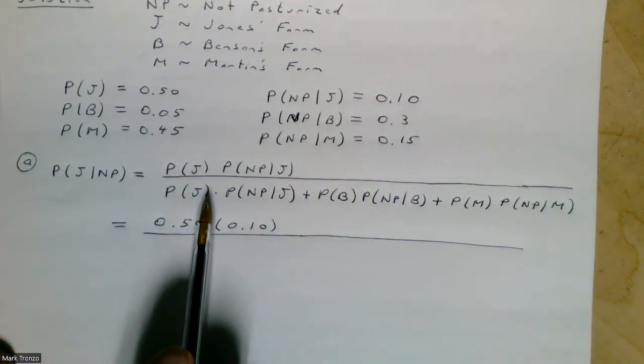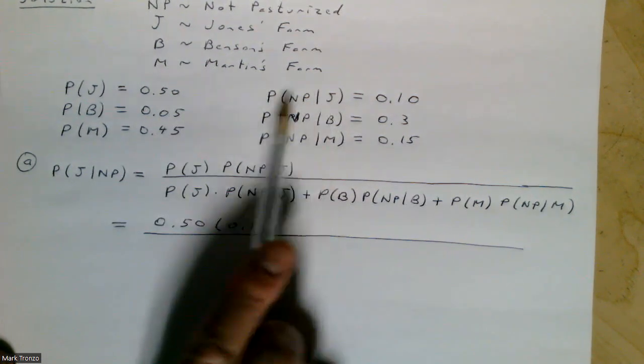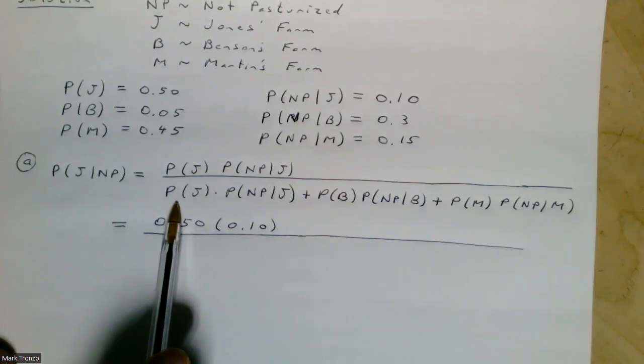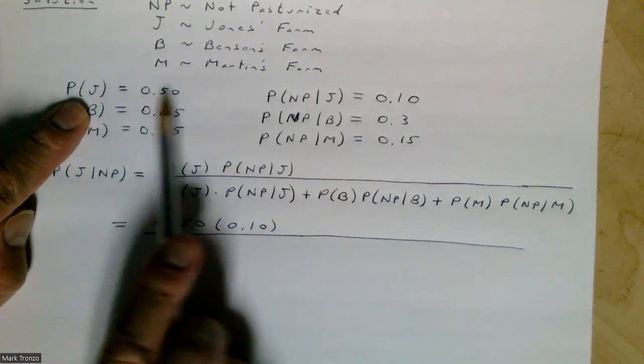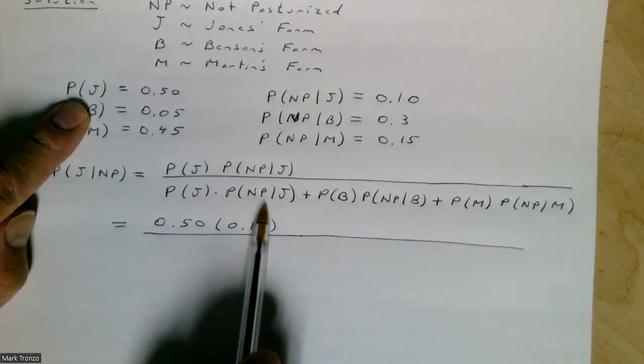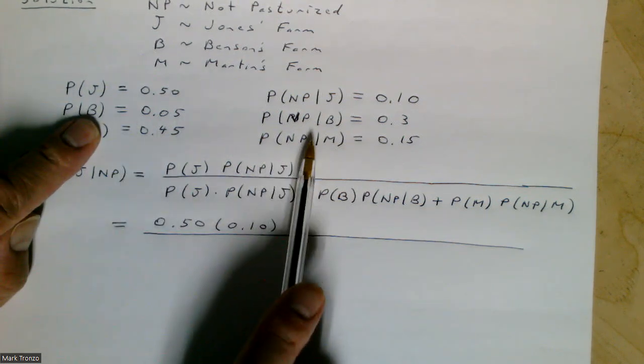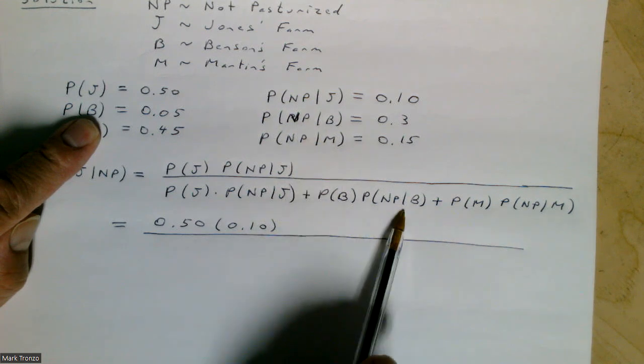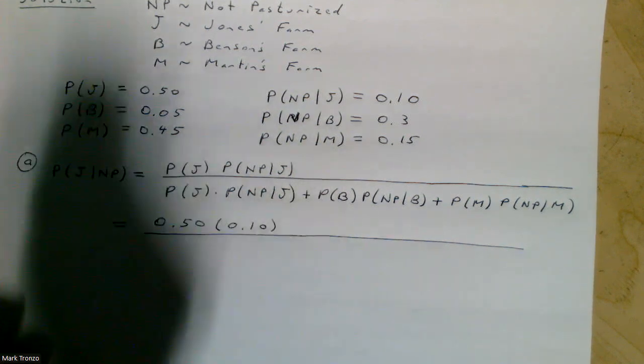And then for the denominator, we can just multiply these out and add them together. So that's what we have here. Probability of Jones times probability of not pasteurized, given it came from Jones, probability of Benson times probability of not pasteurized, given it came from Benson, and so on and so forth.